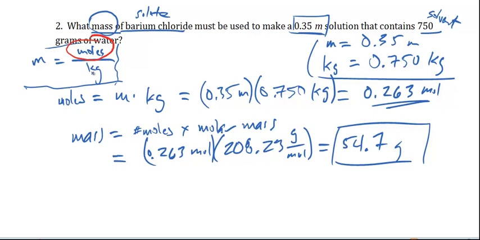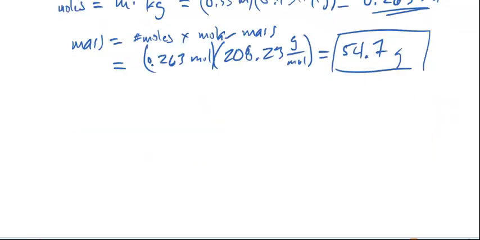You have to be ready to solve for any one of these. And once we got moles, in order to answer the question, which was asking for mass, we had to do a simple moles to mass conversion. Okay, let's see what's next.